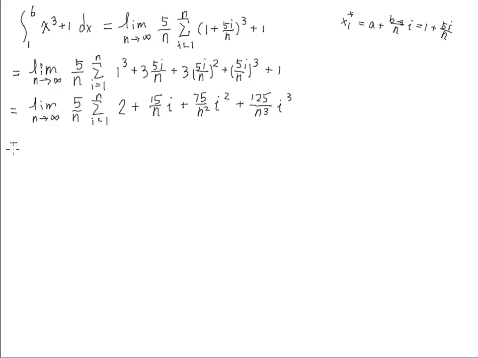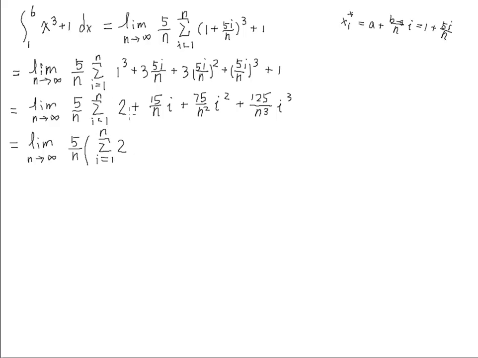Now this step, we just explained in the previous tutorial. So now we can just apply the method we just practiced. So this is 5 over n. But now we put this sigma inside. Remember, everything is inside a big pair of parentheses. So we can actually now add it over here. i goes from 1 to n, and this is 2.